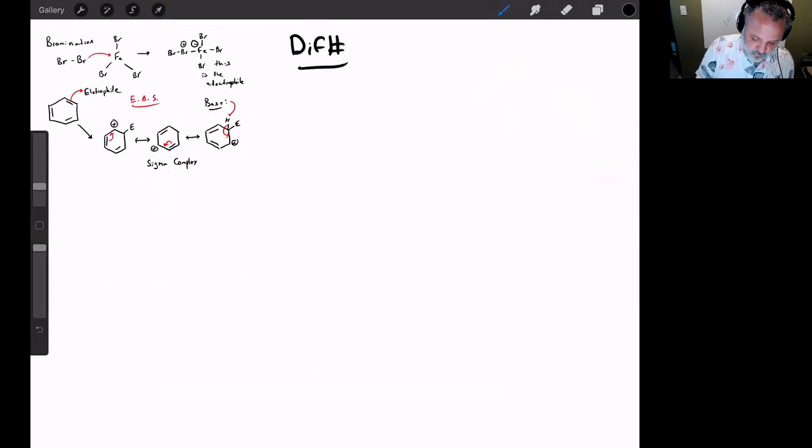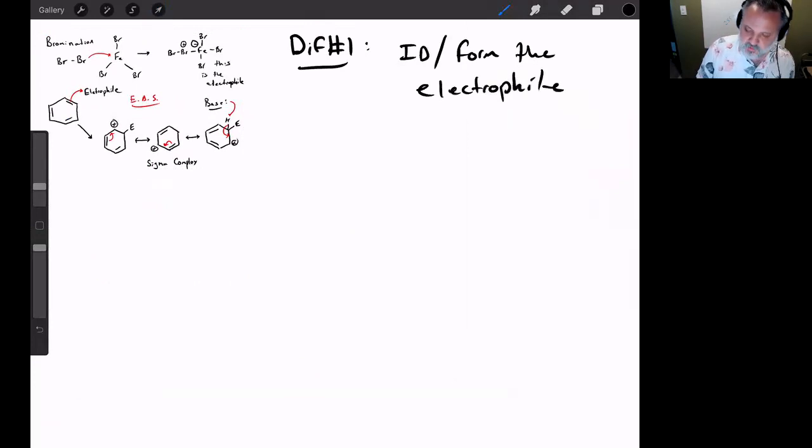So difference number 1 is the identity and how we form the electrophile. We're going to do nitration, chlorination, sulfonation, alkylation, and acylation, and all of those involve an electrophile, but the identity of the electrophile is different.